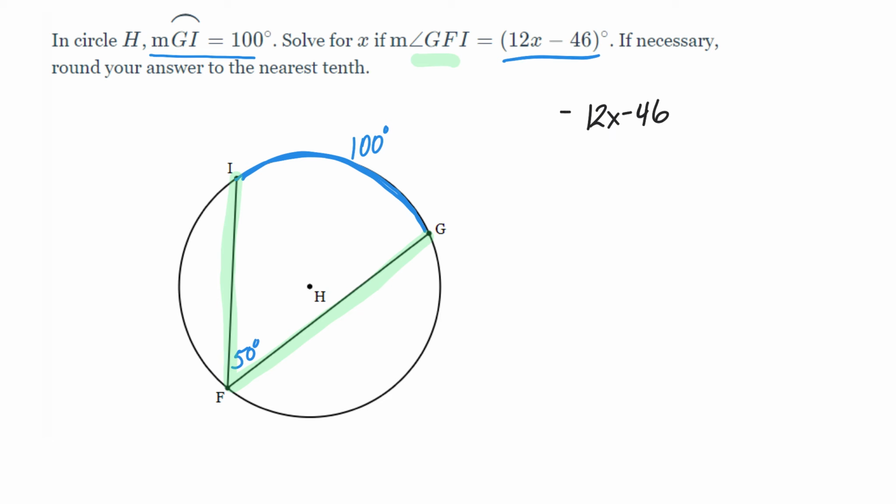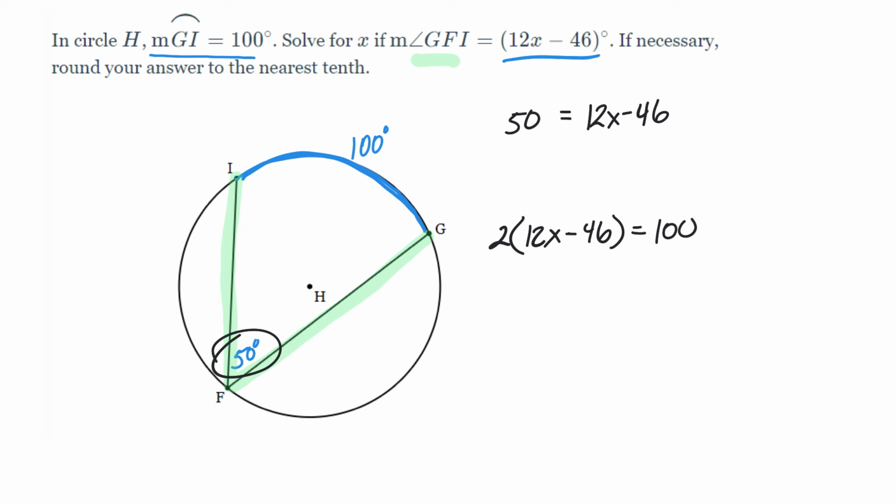As we set this up, one thing that works out really well is that we knew that this is 50 degrees, so we would set up this formula this way. You also could have said 2 times angle GFI would be equal to 100.